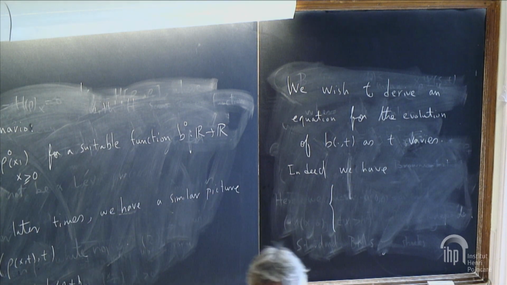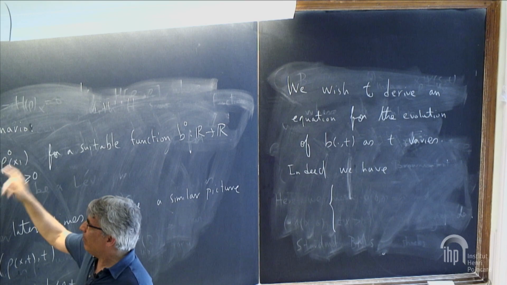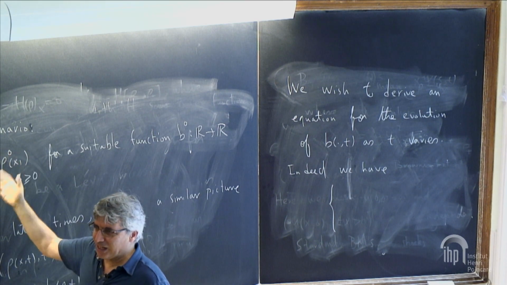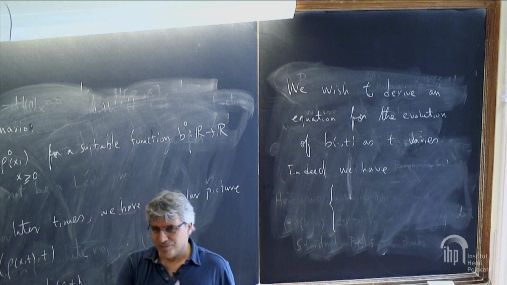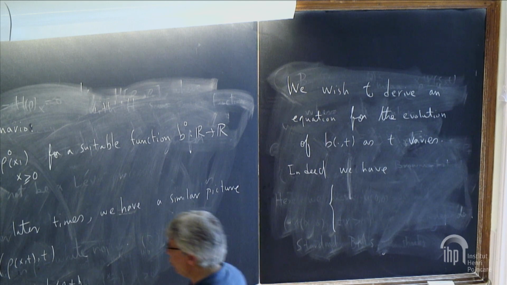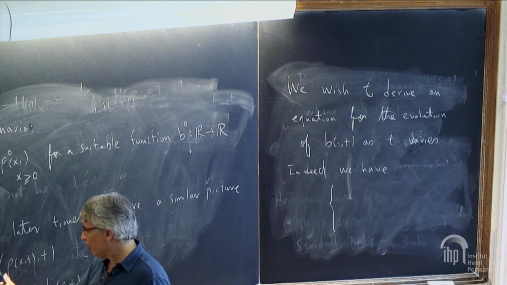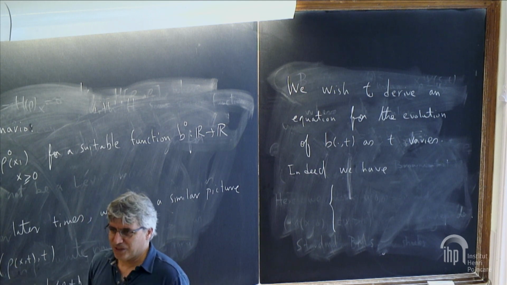Suppose this is true, that for any initial data, I can imagine that such a b0 would exist. Imagine that I just come up with some b0 for which this is true. Then I assume the solution is smooth. I can do all the usual manipulation. I can do calculus. And then at later times, you have this equation. I want to derive some equation for b.